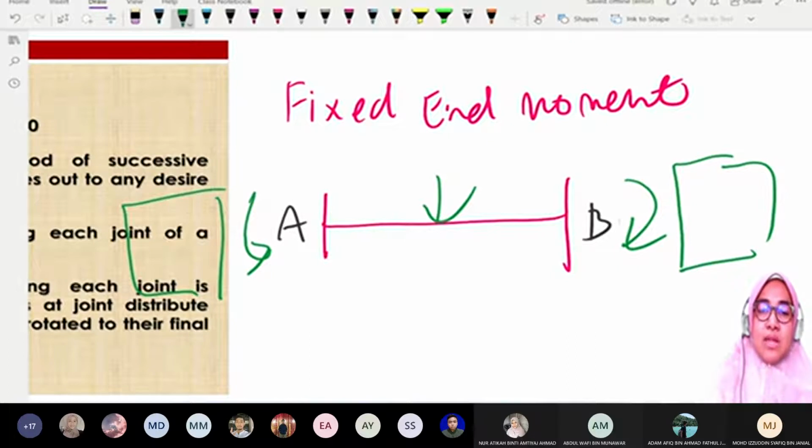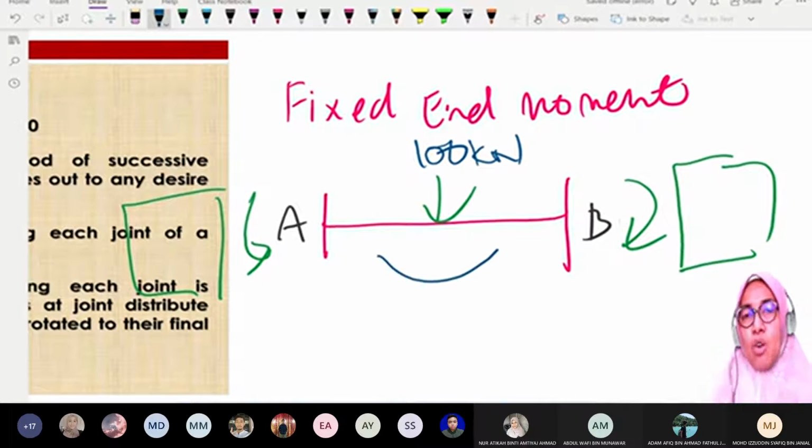Behavior means that due to loading, let's say this is 100 kilonewton, due to this loading the beam will bend like this. So the moments at A and B, we call them fixed end moment. The moment will push back the beam to its original position. The original position is straight. The original position is horizontal.